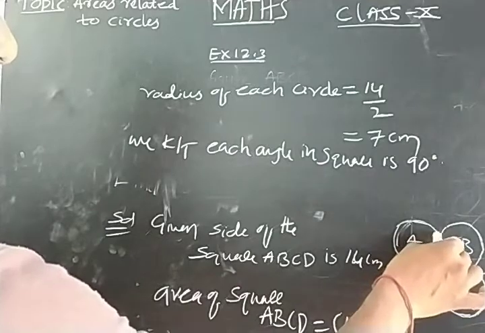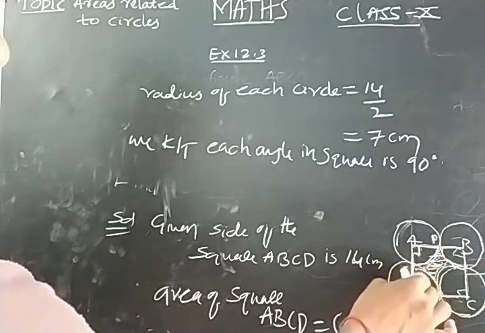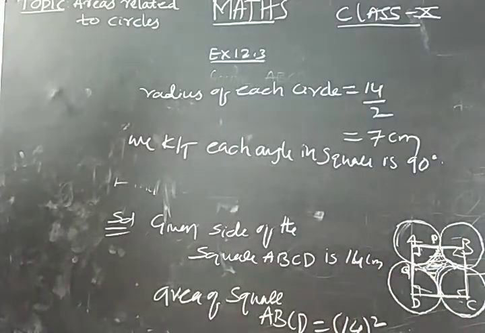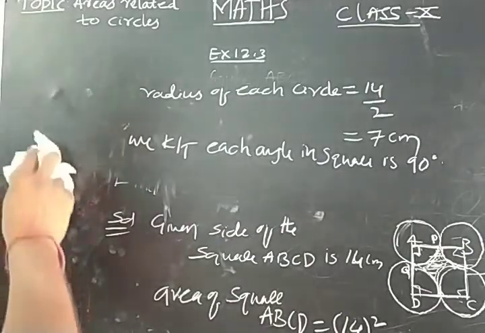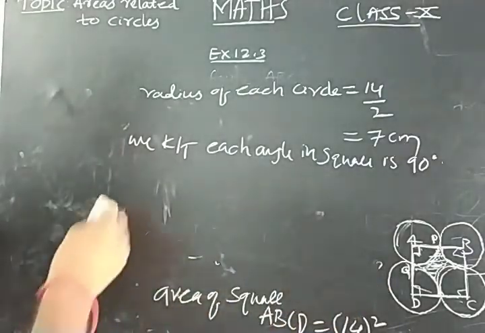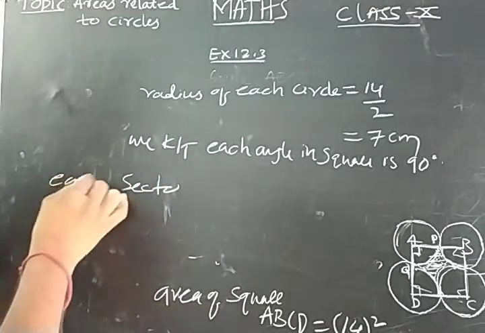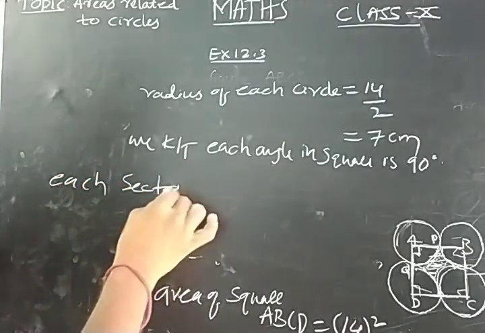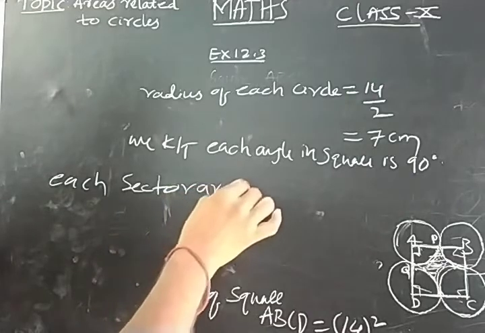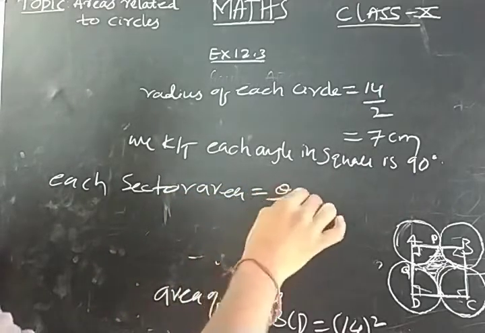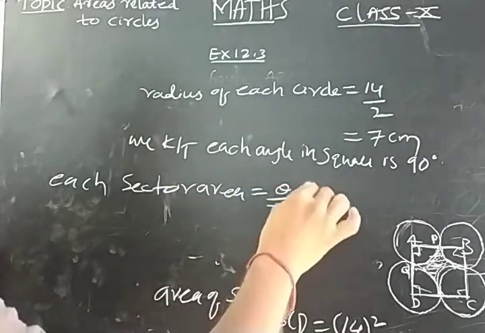Now I am going to find this sector. Suppose I am taking these points as P and Q. I am finding the sector area APQ. Right? Each sector area is equal to theta by 360 into pi r square.